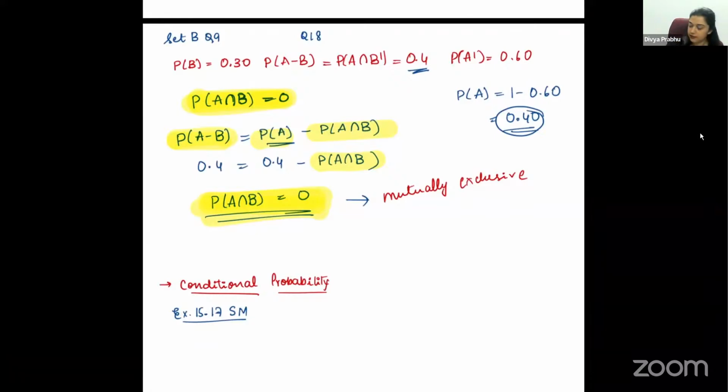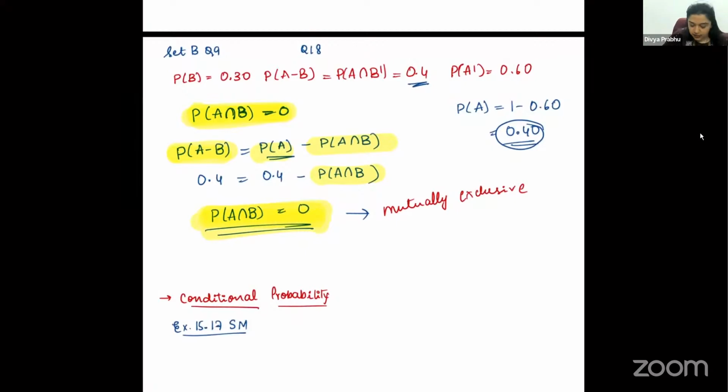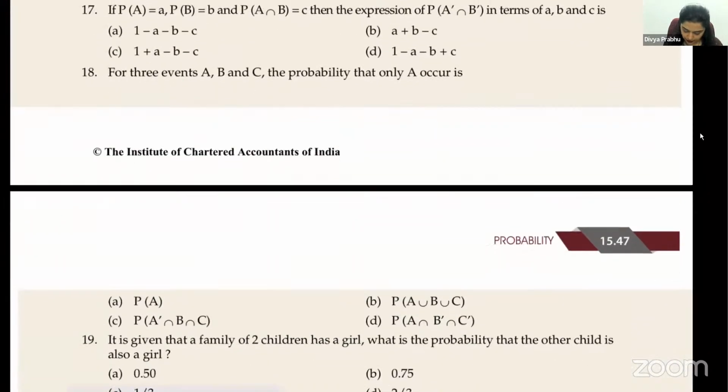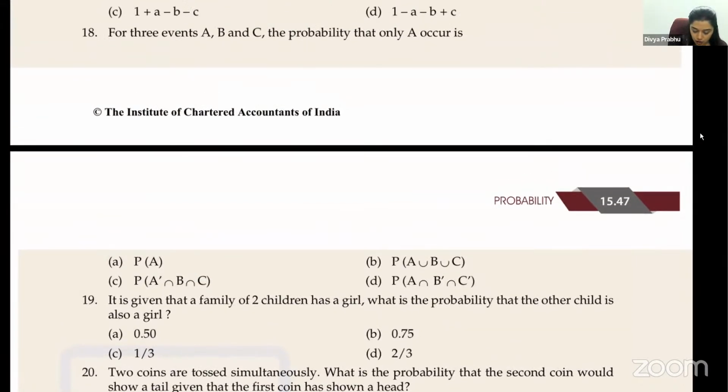We proceed. Understood so far? Just to check your understanding, this one question we will quickly discuss. Question number 18. I want you all to answer for 3 events, A, B, and C. The probability that only A occurs is, you don't have to calculate anything.